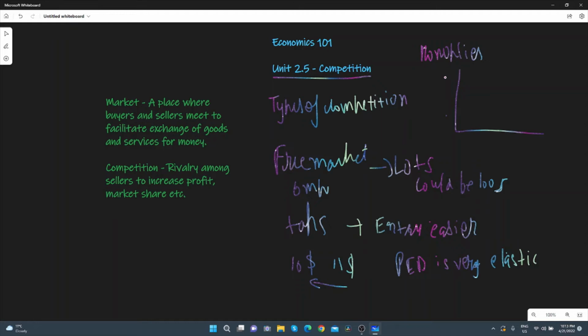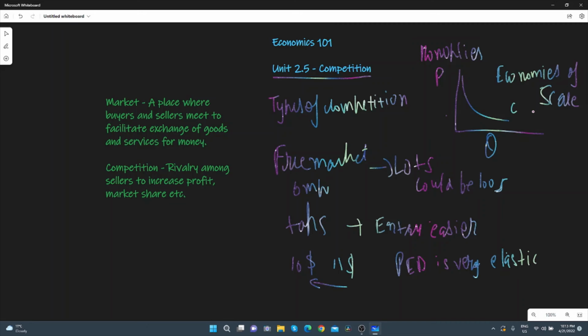Since these monopolies usually have the most resources, as they go towards more quantity, their cost per unit decreases, as you can see here. This is called economies of scale. This is what you also want to know about monopolies.